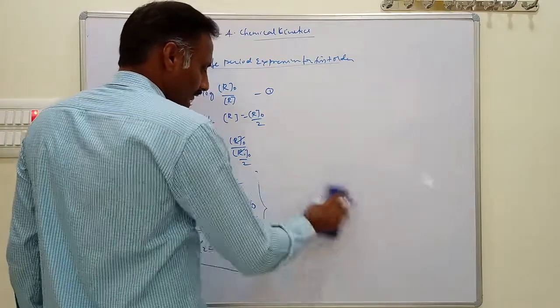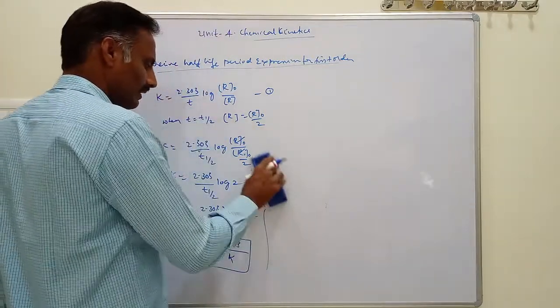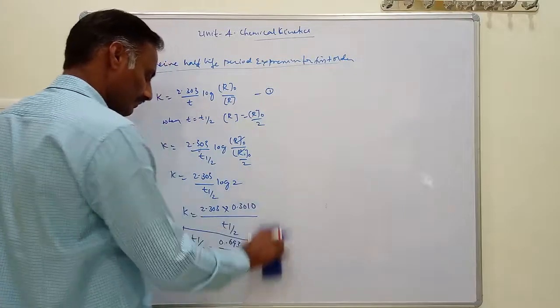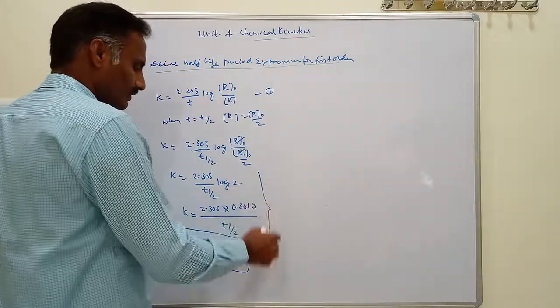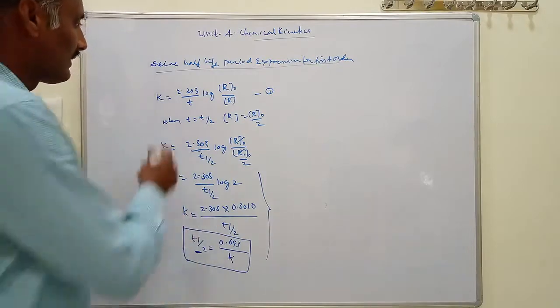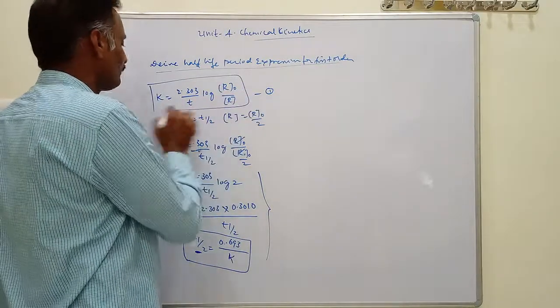This is about the half-life period derivation for the first order rate constant expression, and we also have some graphs for this equation.